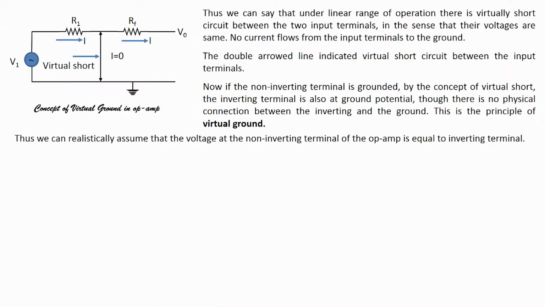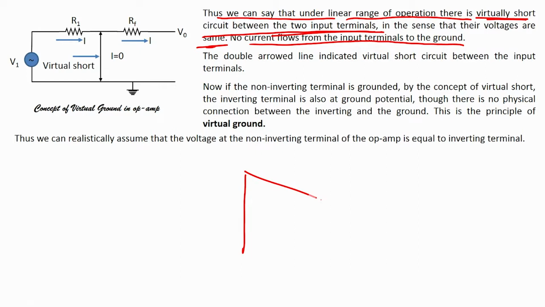So, if that is the case, we can say that under the linear range of operation there is a virtual short circuit between the two input terminals, in the sense that their voltages are the same and no current flows from the input terminals to the ground.